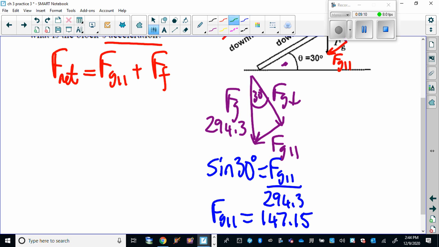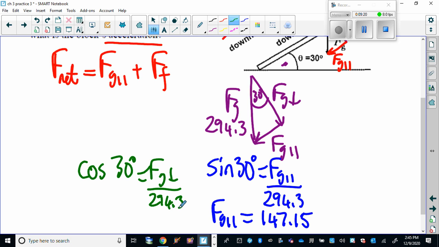Now the cosine of 30 equals Fg perpendicular divided by 294.3, and we get the force of gravity perpendicular, which we will need. Cosine 30 times 294.3 gives 254.87.